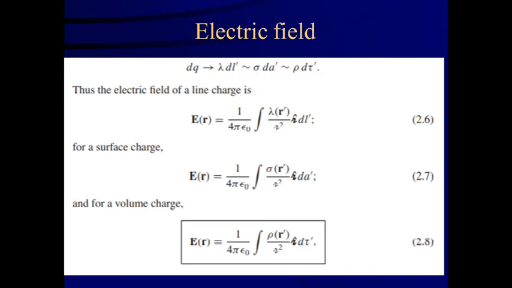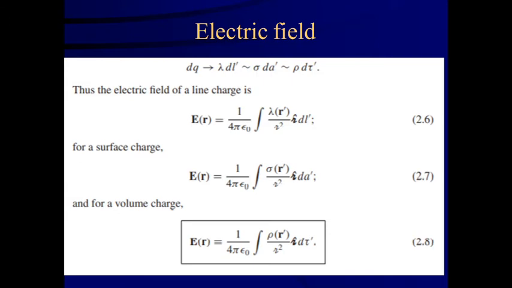Thus, the electric field of a line charge can be given by E(r) is equal to 1 upon 4 pi epsilon 0 line integration of lambda r' upon r square r caret dl'. If the charge is distributed over some surface, then that surface is divided into different area elements, dA1, dA2, etc. And the electric field can be found by taking a surface integration of 1 upon 4 pi epsilon 0 sigma r' upon r square r caret dA'.